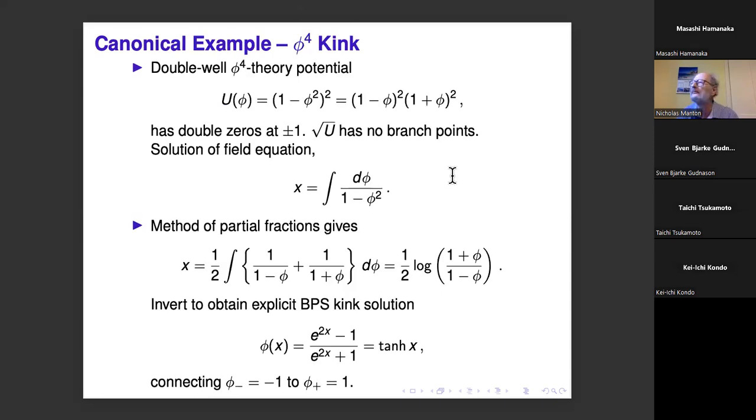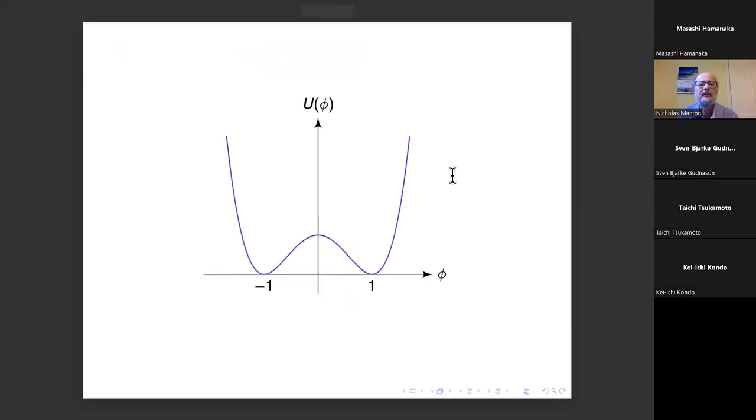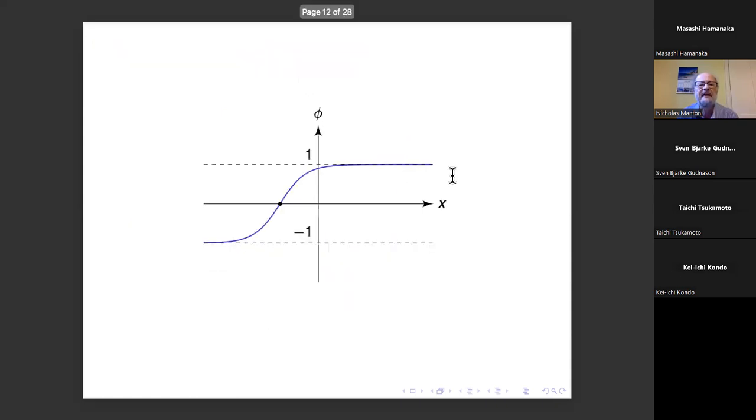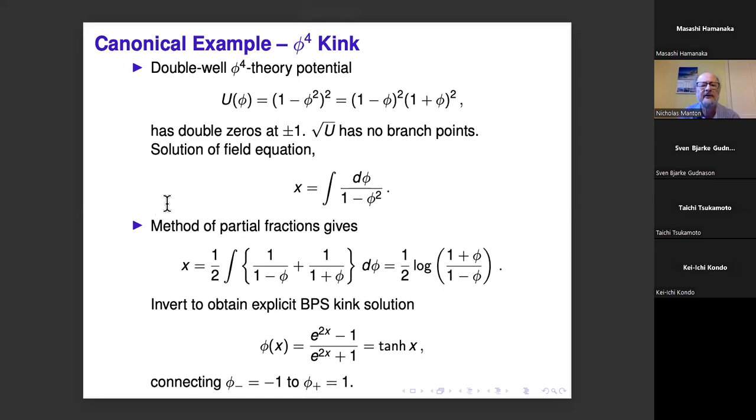All the solutions I'll be looking at, phi is real. So here's the potential, and here's the kink solution. It's this tanh function. Now, the solution I showed was the tanh centered at 0, but actually there's another constant of integration, which I didn't talk about.